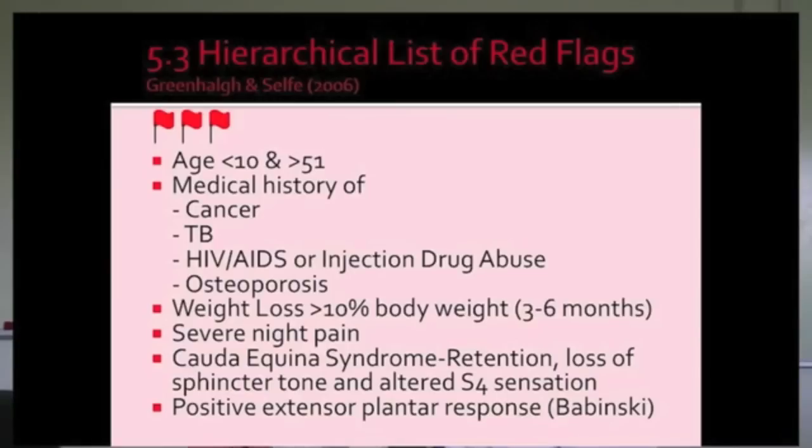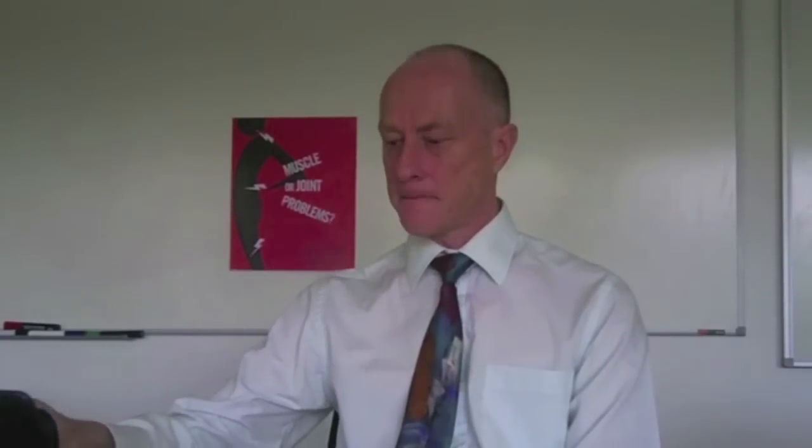And this sort of picture is slightly different to the kind of picture I was painting earlier in the back pain triage clinic. So this is a very severe kind of night pain. Then we've got cauda equina syndrome, which I'll talk a bit more about later, and then positive extensor plantar response, or the Babinski reflex. All of these items retain a weight of 3 red flags.